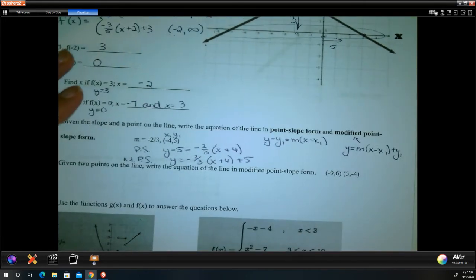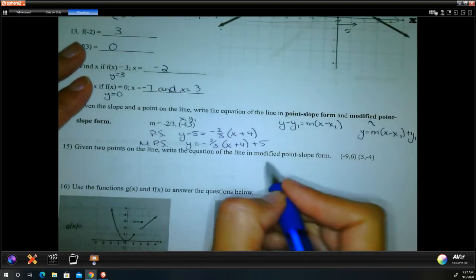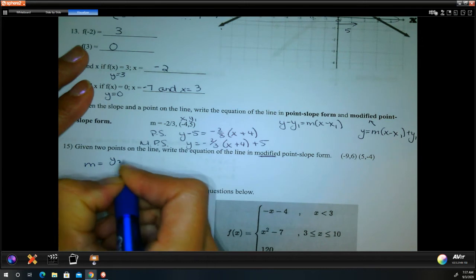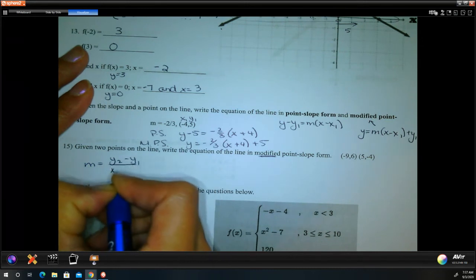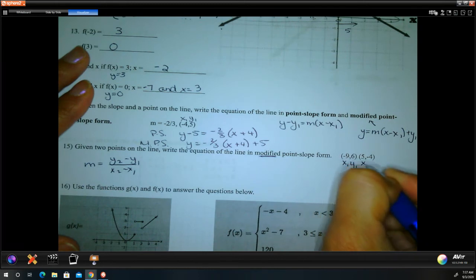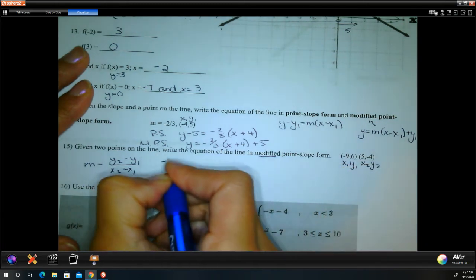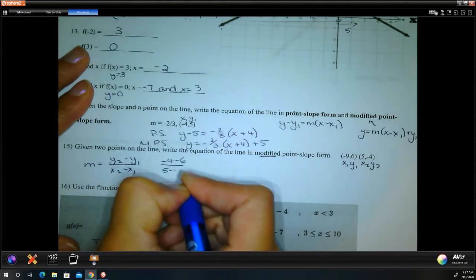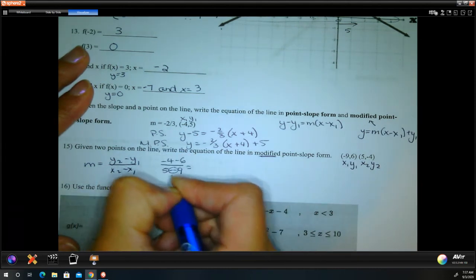Given 2 points, write the equation of the line in modified point slope. So the first thing I need to do is find my m. We should be great at this by now. So x1, y1, x2, y2: -4 minus 6 over 5 minus -9, or the opposite of -9.